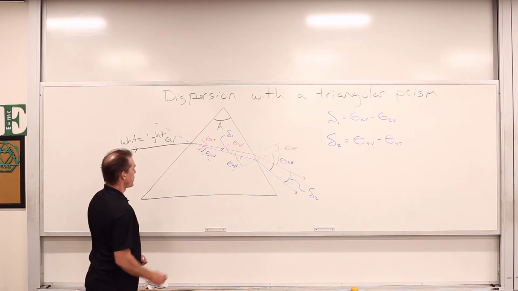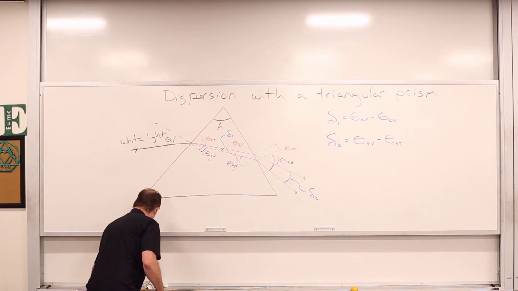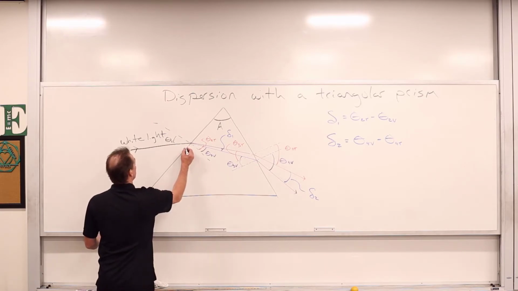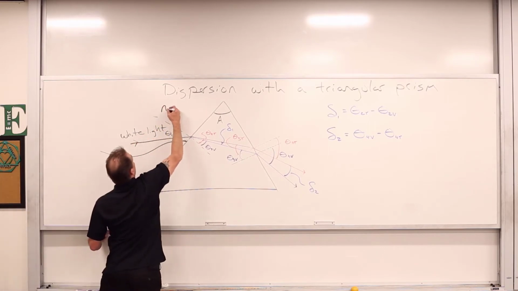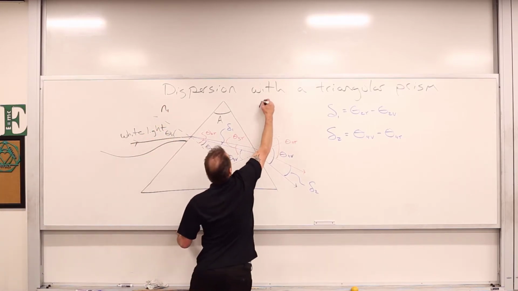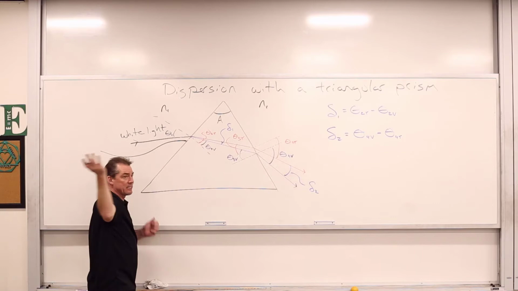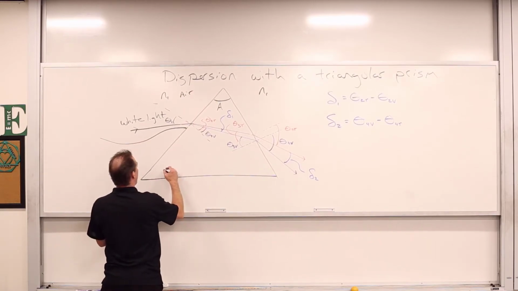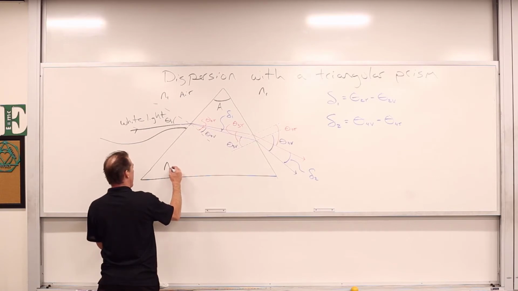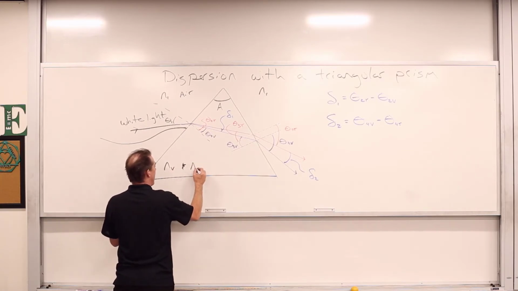So we got this surface boundary over here. We've got, say, an N1. We say N1 is the index of refraction of air out here. And then within this prism, we've got some N sub violet and N sub red.